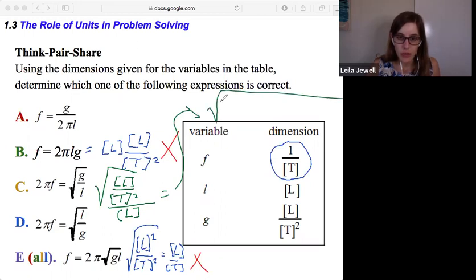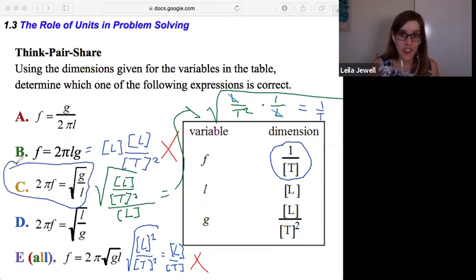So we have the square root of L, I'm going to drop the brackets for now, over T squared times, instead of being times L, it's going to be times 1 divided by L. And so that allows us to then cancel out these L's, and we're left with the square root of 1 over T squared, which guess what? That's just going to be 1 over T. So this one does check out, and you can try the others and they will not work out. You will not get the matching of 1 over time on either side.